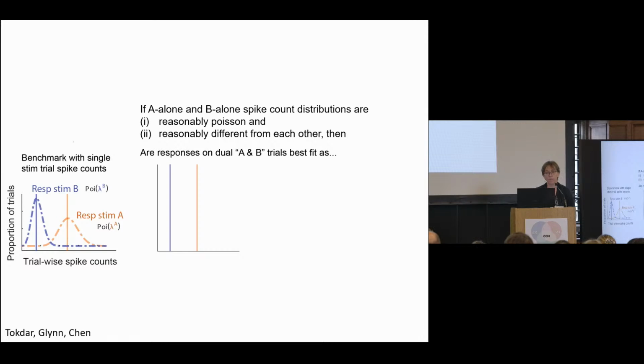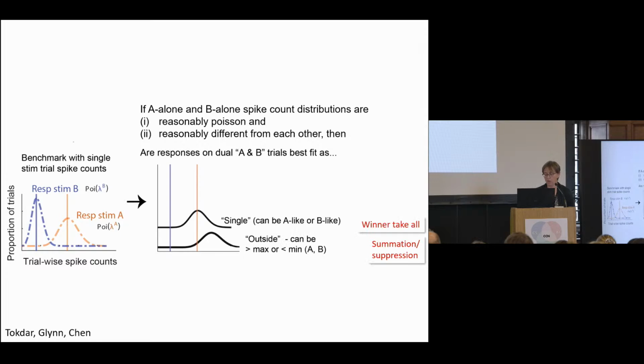We have three foils to this model, in a Bayesian model comparison. They all three involve various forms of single Poisson distributions of spike counts. Maybe the neurons add up how they would otherwise have responded, and then we'd get a single Poisson that's outside the range defined by the A and B responses.